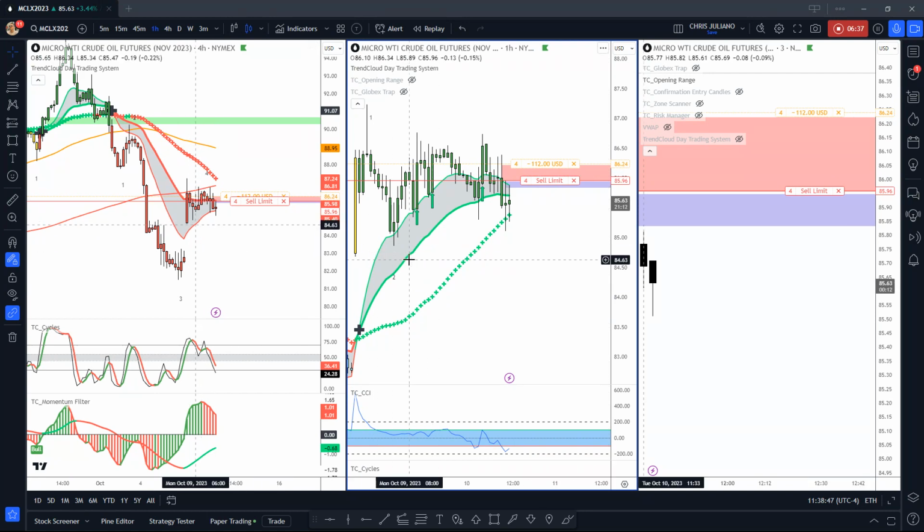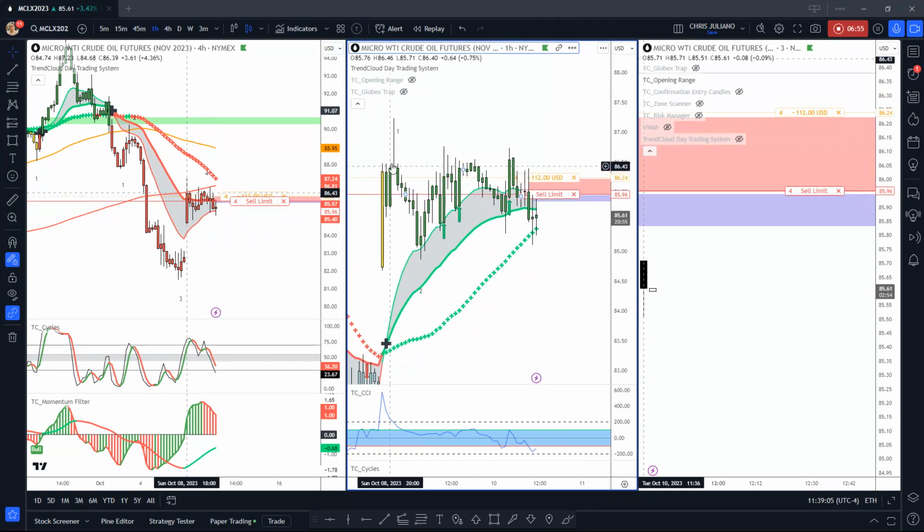The middle chart here is part of that corrective move pulling back up into that high time frame downtrend. So the corrective move is starting to end, as you can see here.